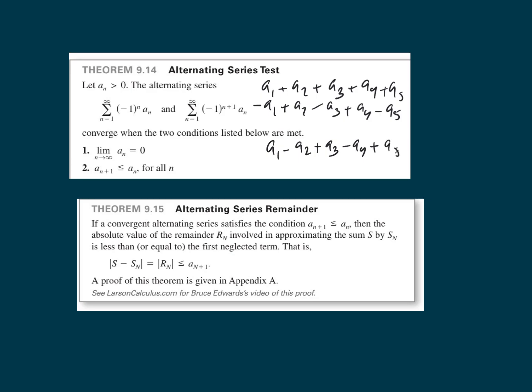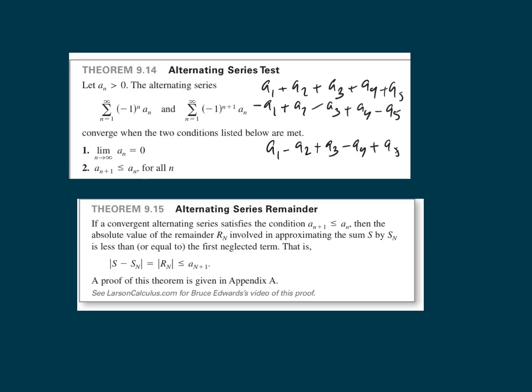there are two conditions that need to be met. The first condition is that the limit of A sub n, when n goes to infinity, should go to 0. And the second condition is that the value of A sub n plus 1 has to be smaller than the value of A sub n.